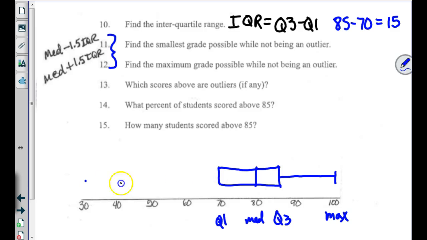This is the box, which is 15, right? So the whisker can't be longer than 1.5 times that. Let's figure out what that would be. The median was 80. If we subtract 1.5 times the interquartile range of 15, somebody type that, please: 80 minus 1.5 times 15.